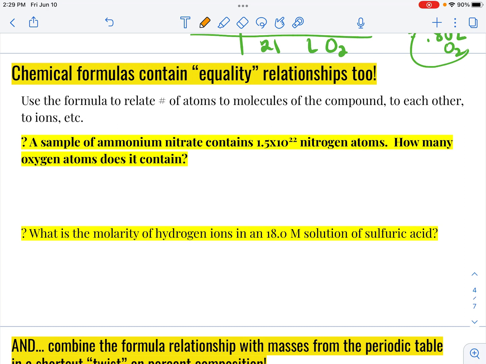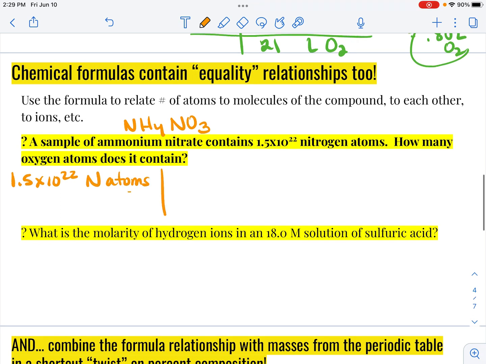So the first one is a sample of ammonium nitrate. So the first thing I need to do is write the formula. Ammonium is NH4 1+. Nitrate is NO3 1-, so the formula is NH4NO3. And it has 1.5 times 10 to the 22nd nitrogen atoms. All right, so I want to know now how many oxygen atoms does it contain.